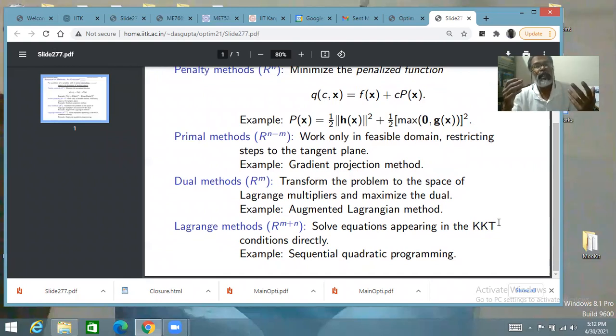Because which constraint is how much important, that is actually coded in a way in the correct values of the Lagrange multipliers.